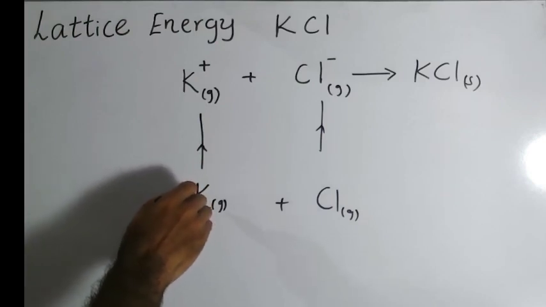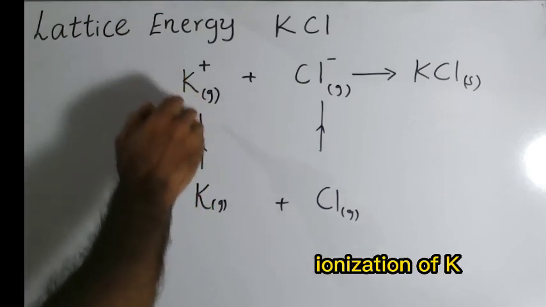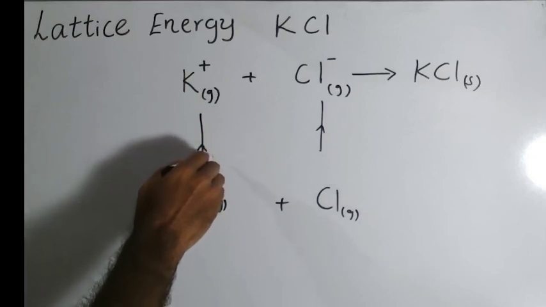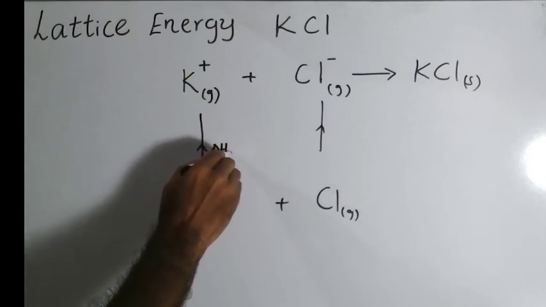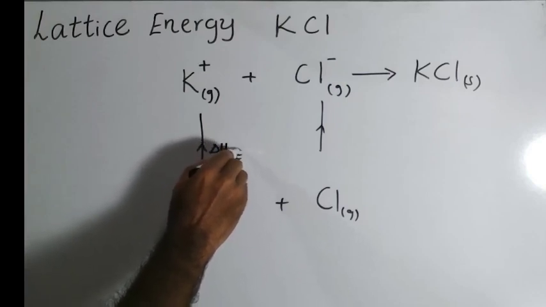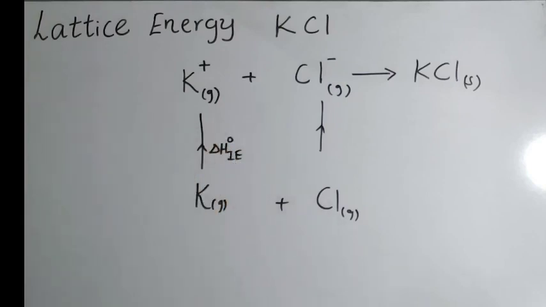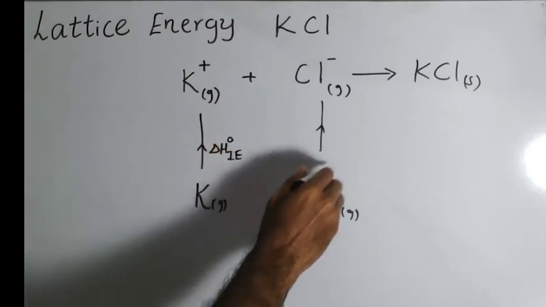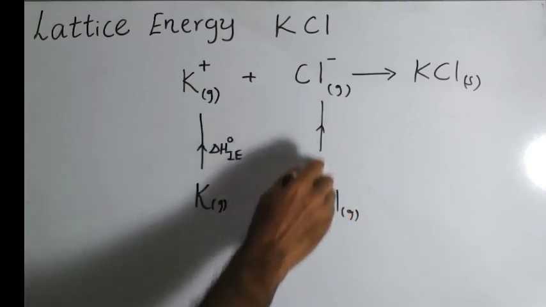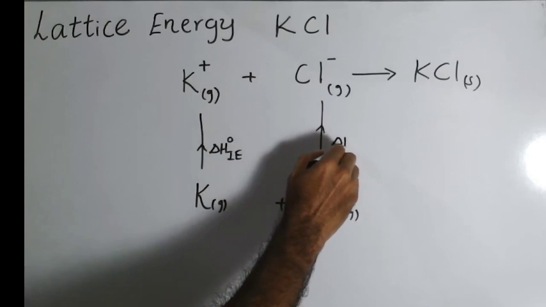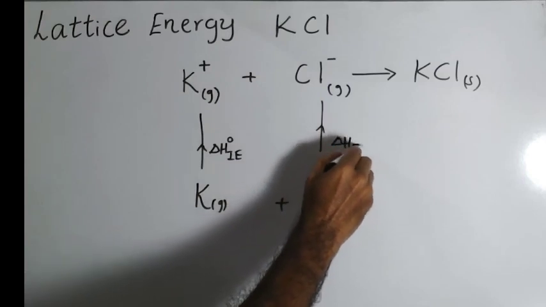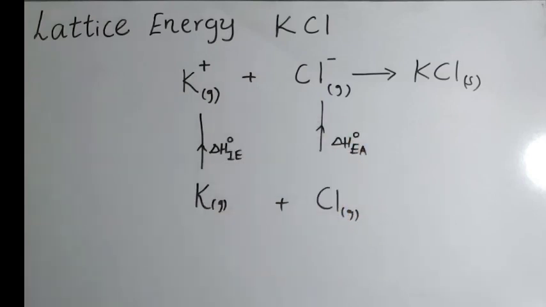Going from potassium atom to potassium ion involves ionization, so I will write delta H IE, this means standard. Here we have to add 1 electron to convert chlorine atom to chloride ion. Then it will involve electron affinity. So this side is complete.